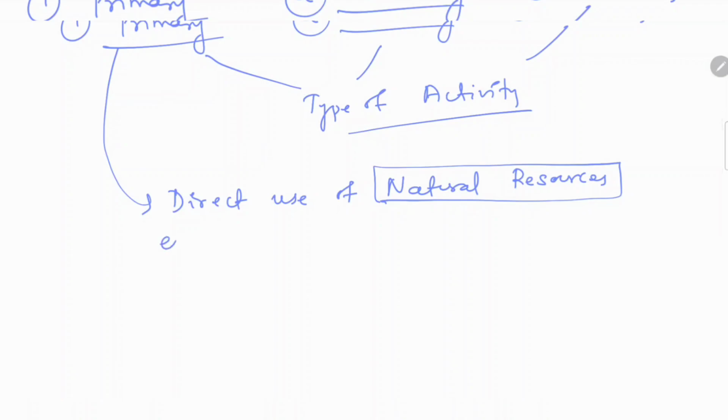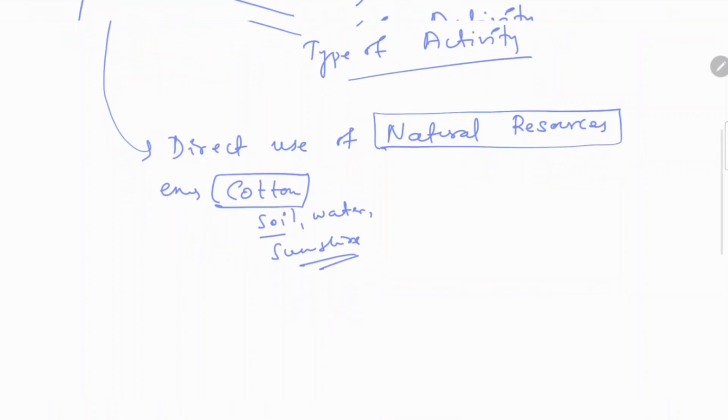For example, cotton. We grow cotton using natural products such as soil, water, and sunshine. But here you may ask, sir, we are also using chemical fertilizers and pesticides, so how can it be completely natural?